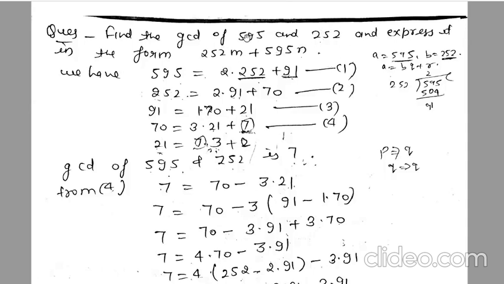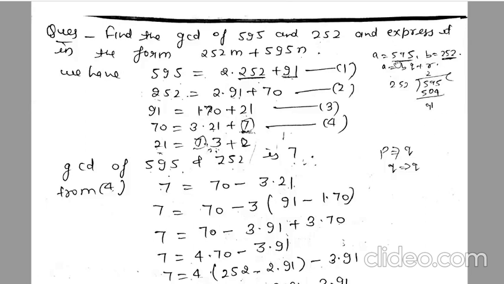Which one is larger? 595. So we have to write our larger number in terms of the smaller one, right? So we will divide 595 by 252. 252 divides 595 two times, and the remainder is 91, right?